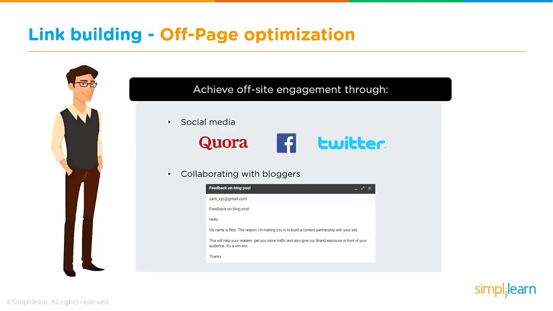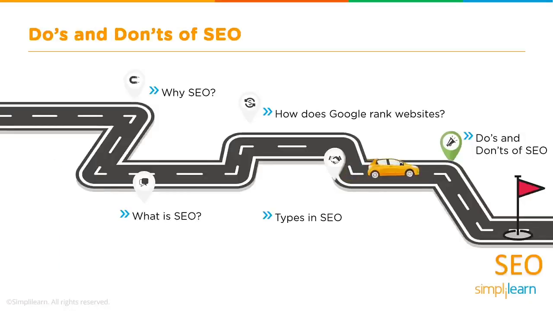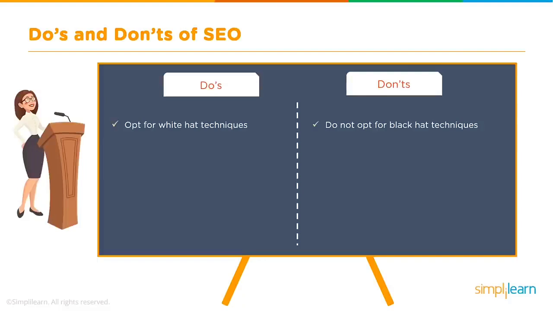So the first thing on the list is optimize for white hat techniques. And what I mean by opting in for white hat techniques is basically everything I just mentioned today. You want to do keyword research. You want to choose a natural language processing format so you could choose keywords that are going to be relevant, natural to the content. And you don't want to opt for black hat techniques.